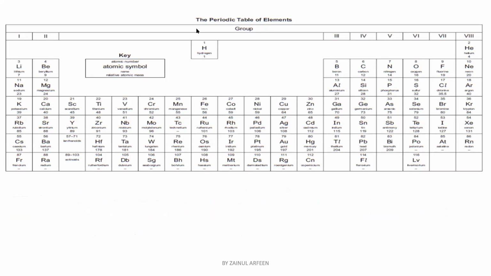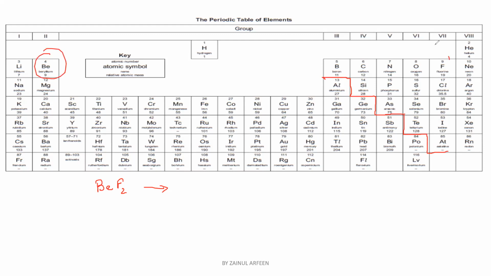Another example. What kind of bonding is there in beryllium fluoride, BeF2? We have beryllium and we have fluorine.